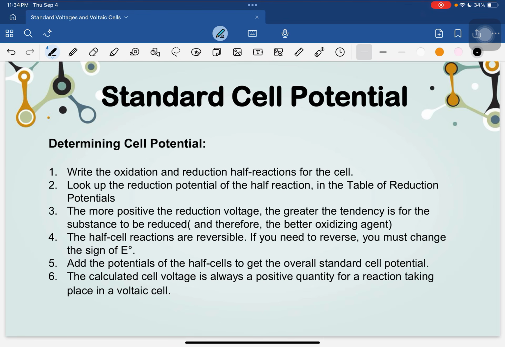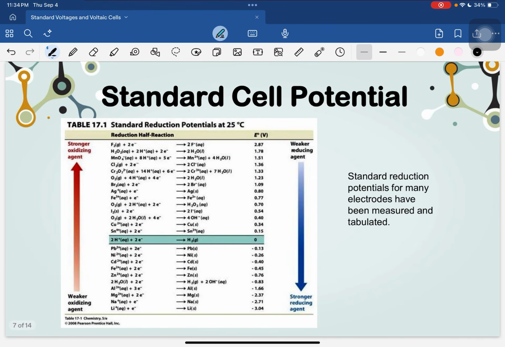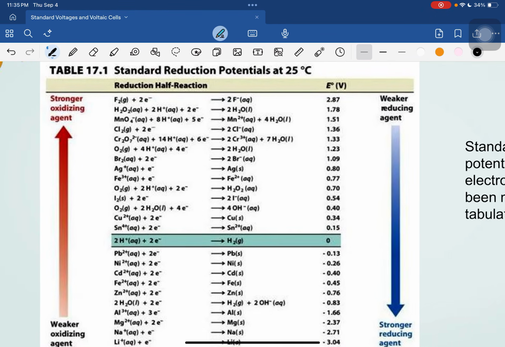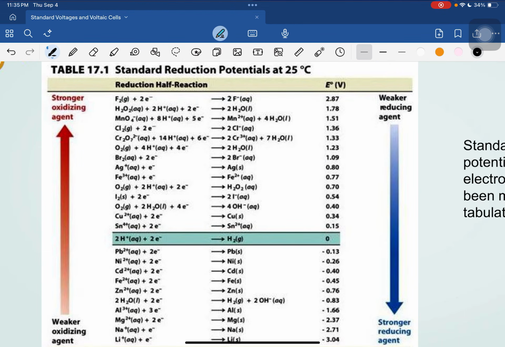And the calculated cell voltage is always a positive quantity for a reaction taking place in a voltaic cell. But remember, when using this, you first get the value of the voltage as it is and then apply the formula.